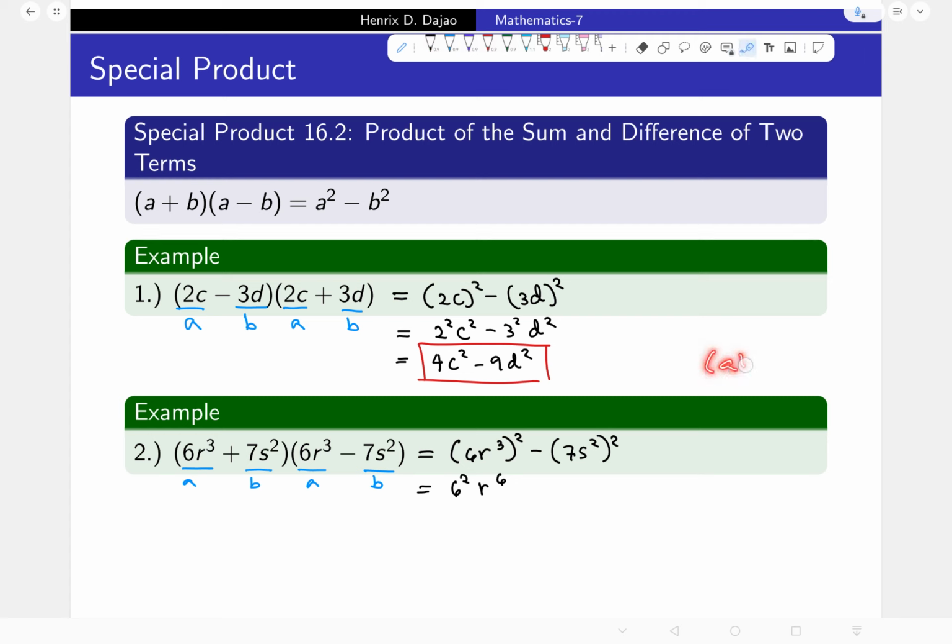That was (ab)^n, which is equal to a^n b^n. Next, we have 7 squared, then s raised to 2, meaning 2 times 2, that will be equal to 4. 6 squared is 36, then r raised to 6, minus 49s raised to 4. So this will be our answer.